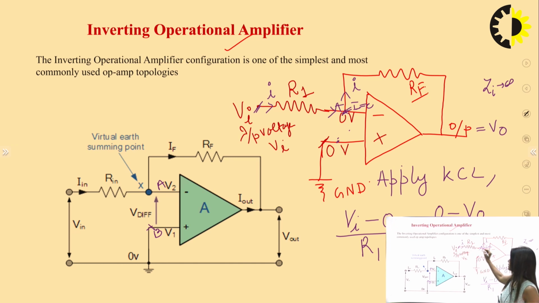This current is equal to this current only. So Vi minus 0 upon R1 is equal to 0 minus VO upon RF. So VO is equal to minus RF upon R1 into Vi.